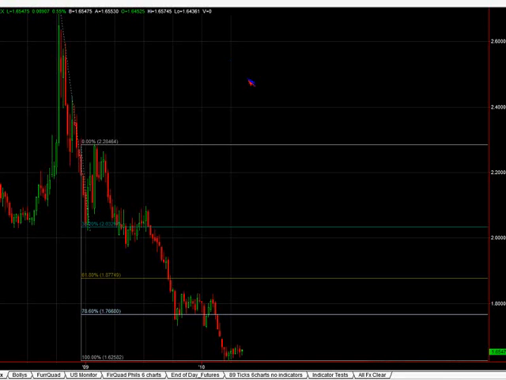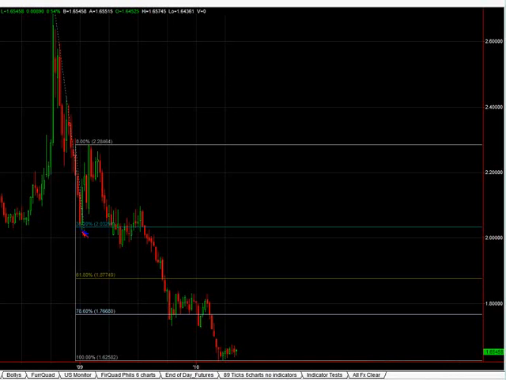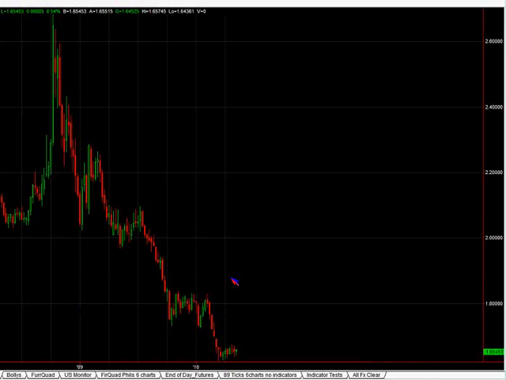Now let's just look at a little bit of ABC work, Elliott Wave. What have we got? First thing that really has sort of hit me between the eyes is that we've got a measured move. We've got a down move, it corrected, and then it went down for a really strong move down to exactly 100%. So we've got a nice little wave formation there. This down move, 5 waves, 1, 2, 3, 4, 5.